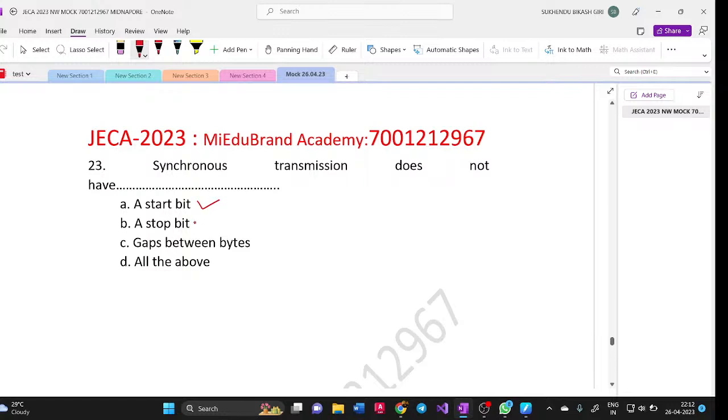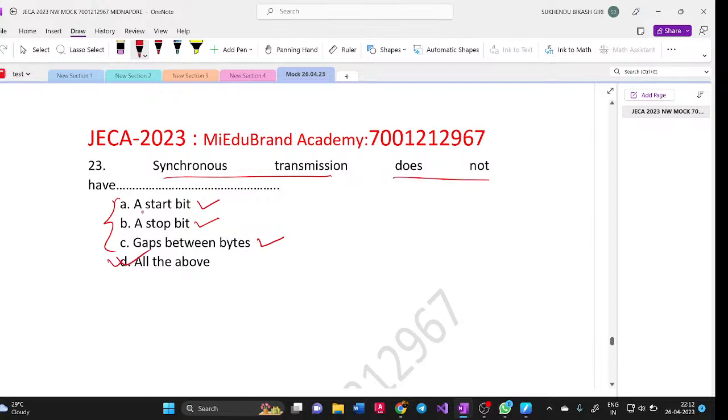Does it need a stop bit or gaps between bytes? Nothing is required for synchronous transmission. So, all of the above.